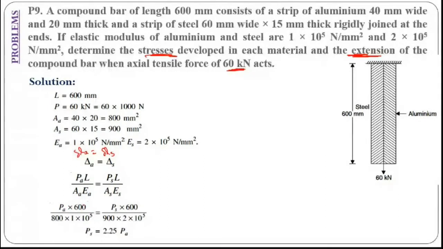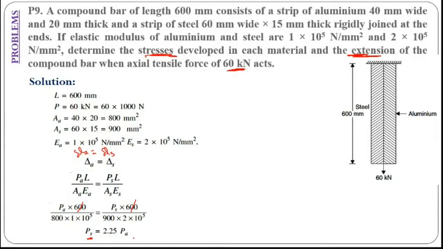Length is common here, which is 600, divided by area 800 into 100 into 5. So here your 600 gets cancelled because both are on opposite sides. When you solve this, you will get an equation like this: PS is equal to 2.25 PA.